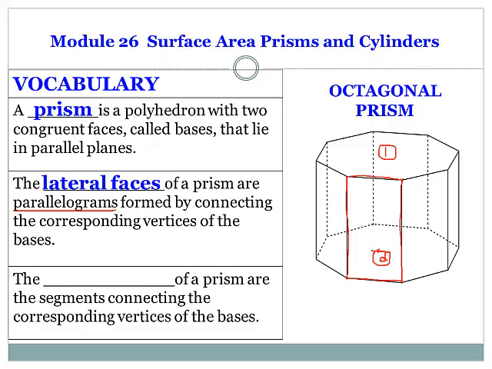Lateral means up and down. So the lateral edges are these right here. The lateral edges are the segments connecting the corresponding vertices of the bases. You have a vertex here and a vertex here, connected by a lateral edge, and a vertex here and a vertex here, connected by a lateral edge.